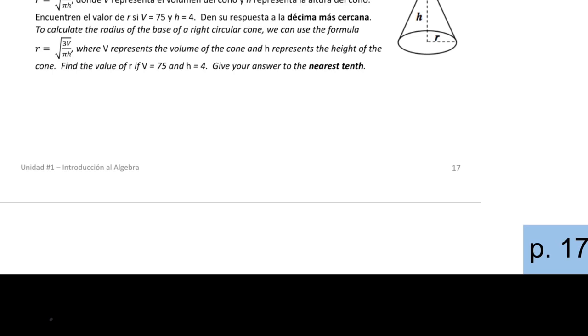Find the value of r if v equals 75 and h equals 4. Give your answer to the nearest tenth.